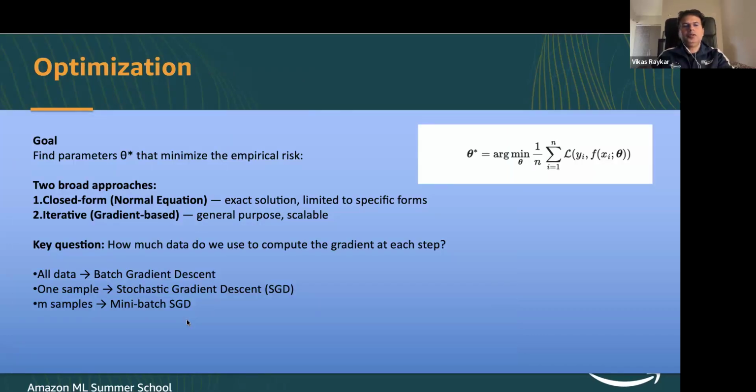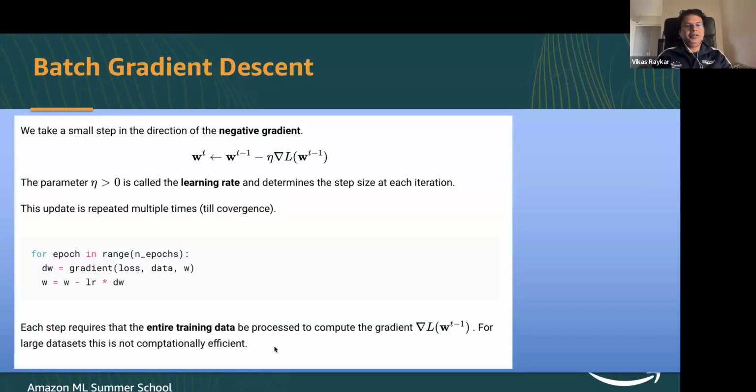So we'll start with the first one, the standard batch gradient descent. The core idea of gradient descent is that you iteratively update your parameters. You start off with some point, w(t minus 1) is your previous vector, and you take a small step in the direction of the negative gradient.